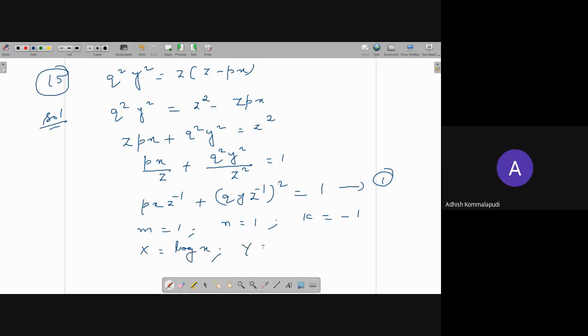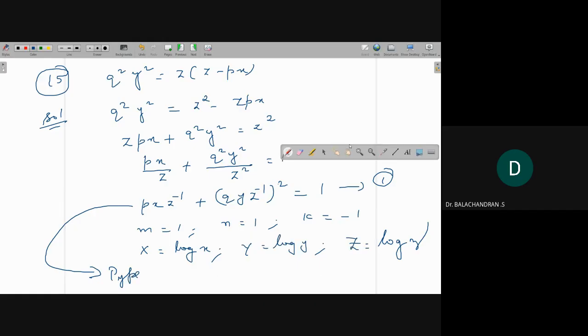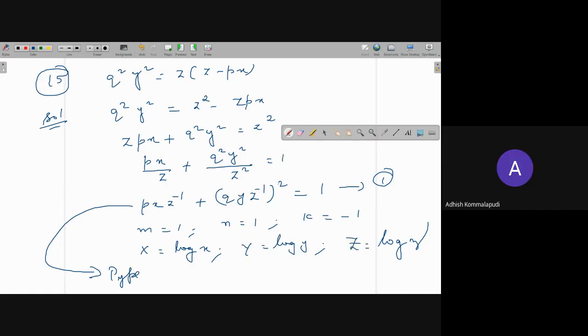K equal to minus 1, capital Z is log Z. So this equation 1 reduces to type number? Type 4? No, type 4 needs XY in it, which is not here. So type 1.